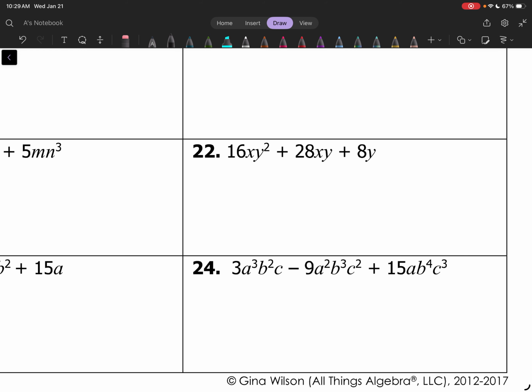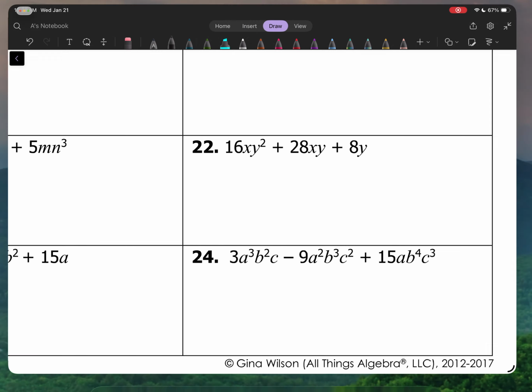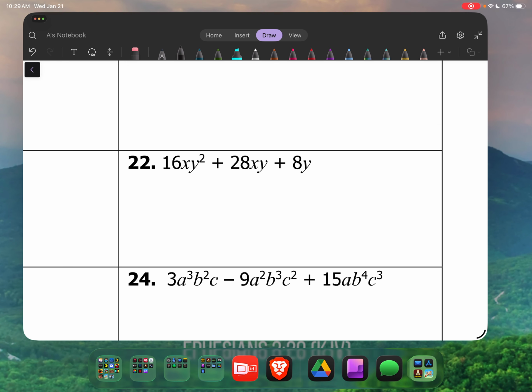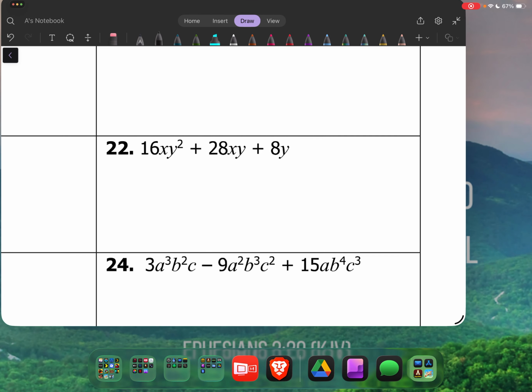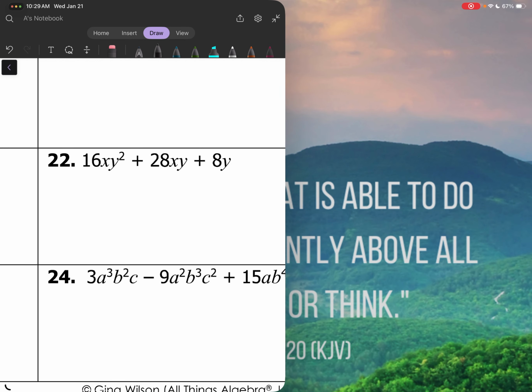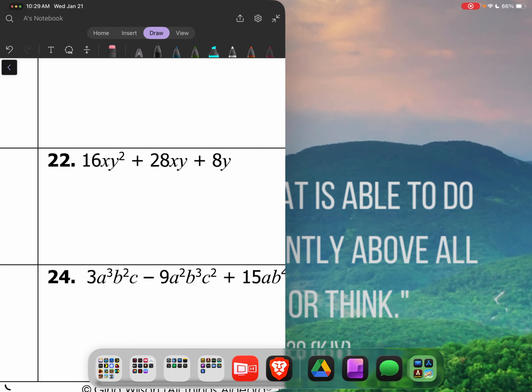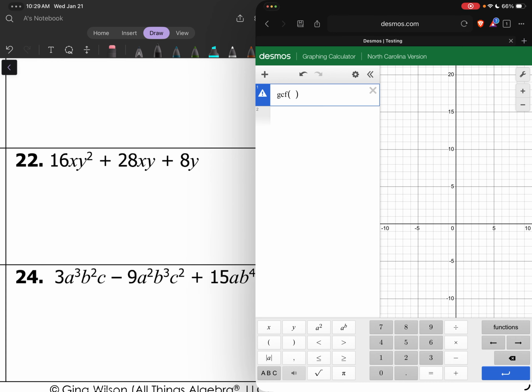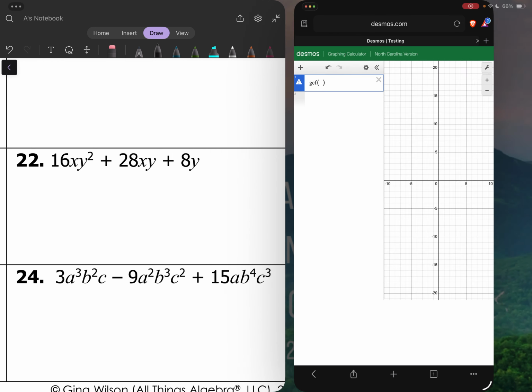I want to show you how to use Desmos to help you with these problems. So if I have 16xy squared plus 28xy plus 8y. Now, this one isn't too hard in my opinion, but the question remains, how can I use Desmos to find this GCF?